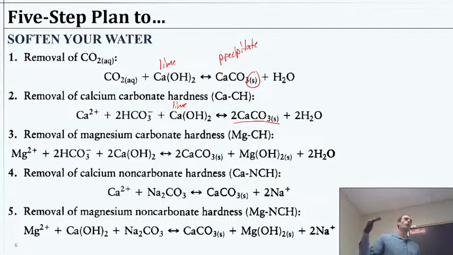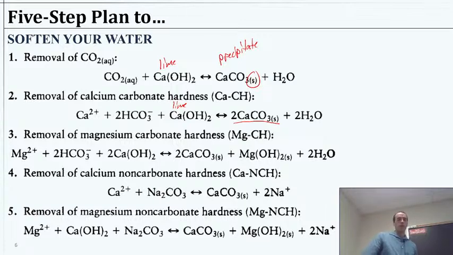As we form that, we can remove it and take it away from the system, right? So we can precipitate it and remove it, and now we've had the ability to remove this calcium carbonate hardness. Basically the calcium that could be removed by reaction with the bicarbonate.